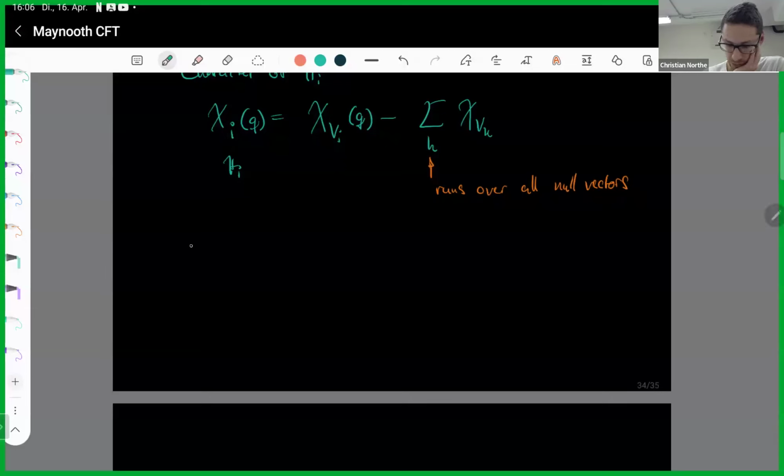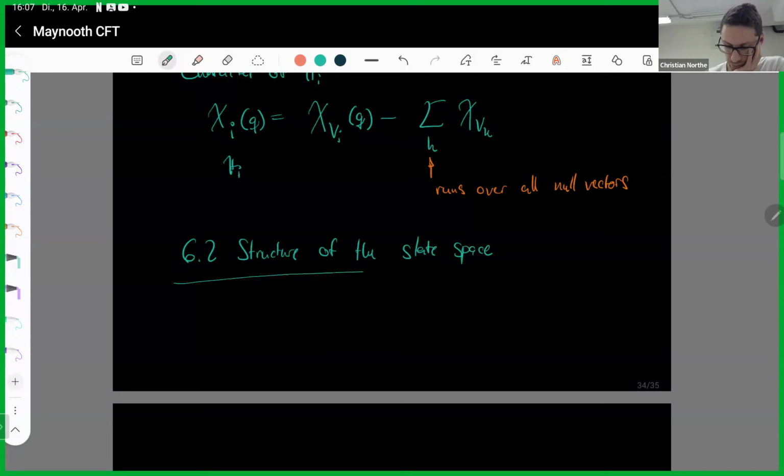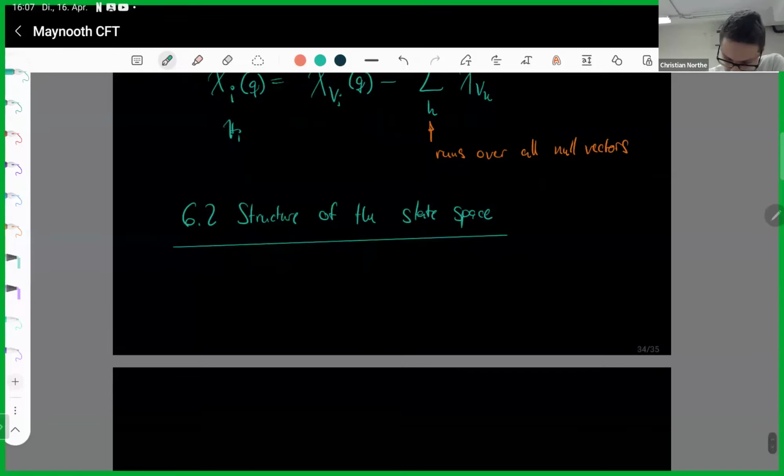Okay, so 6.2 is now the structure of the state space. In the Ising model, for instance, we have fields identity, epsilon of z and z bar, sigma of z and z bar.